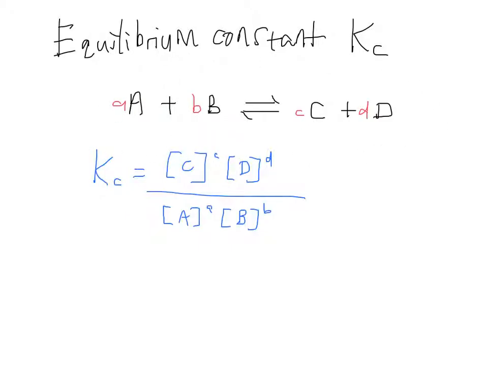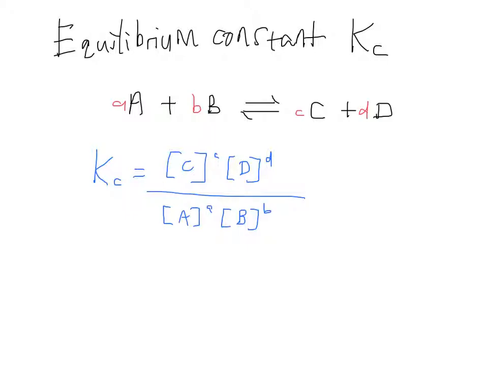In order to calculate the equilibrium constant, we take the concentration of the products at equilibrium and multiply them. I repeat, we take the concentration of the products at equilibrium, multiply them.